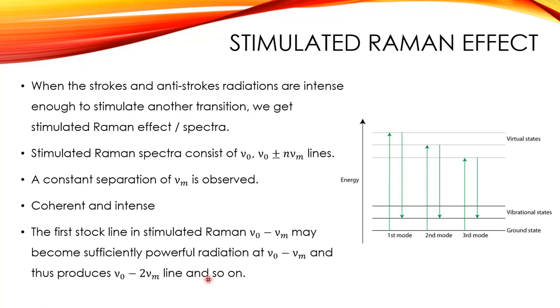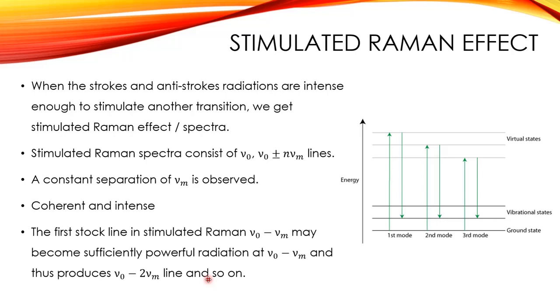The second type of nonlinear Raman effect is a stimulated Raman effect. If the Stokes or the anti-Stokes radiation we observe sometimes becomes coherent and intense, so that it is intense enough to stimulate another transition in the same molecule, then this effect is called stimulated Raman effect.